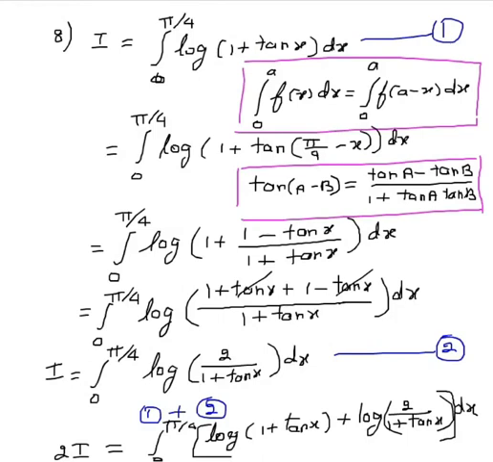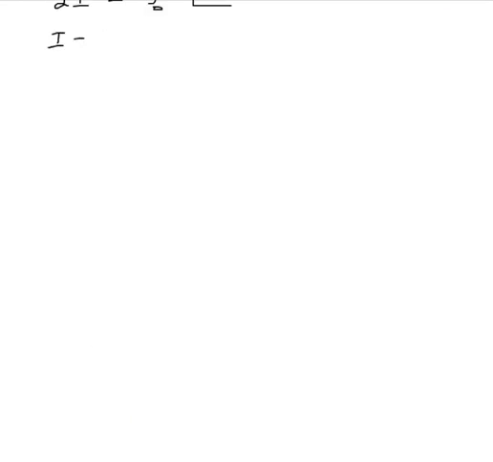And log a plus log b can be written as log of a into b. Let us use the logarithmic rule. I becomes half into, it is better to take 2 to the other side in the next step itself, otherwise we may forget to take 2 to the other side at the end. So half into integral 0 to pi by 4, it becomes log of a into b.